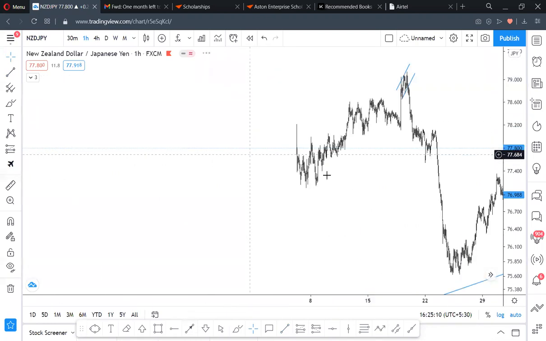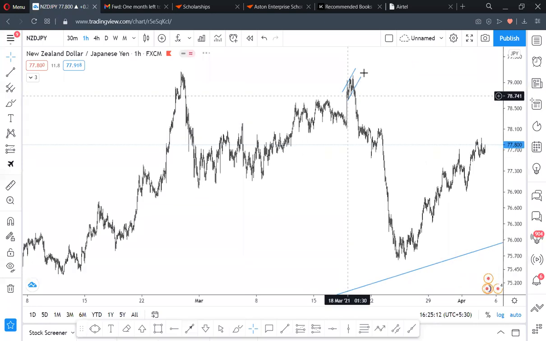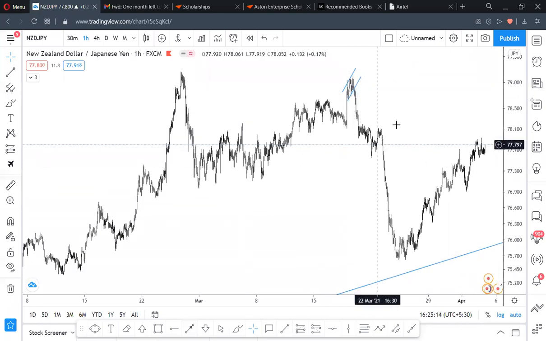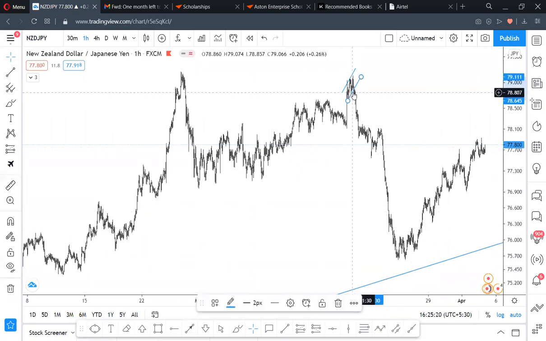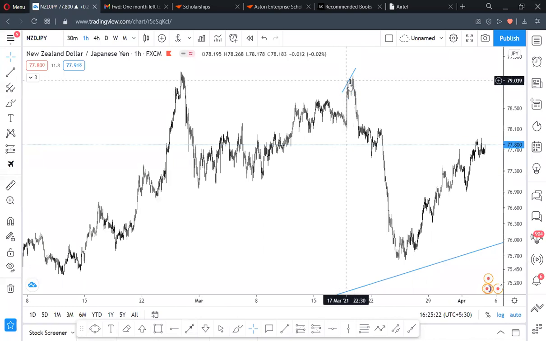Before this drop happened, it dropped and then went straight downwards. But I just wanted to show you that before markets retrace or drop, they will give you that pattern that I made mention of.